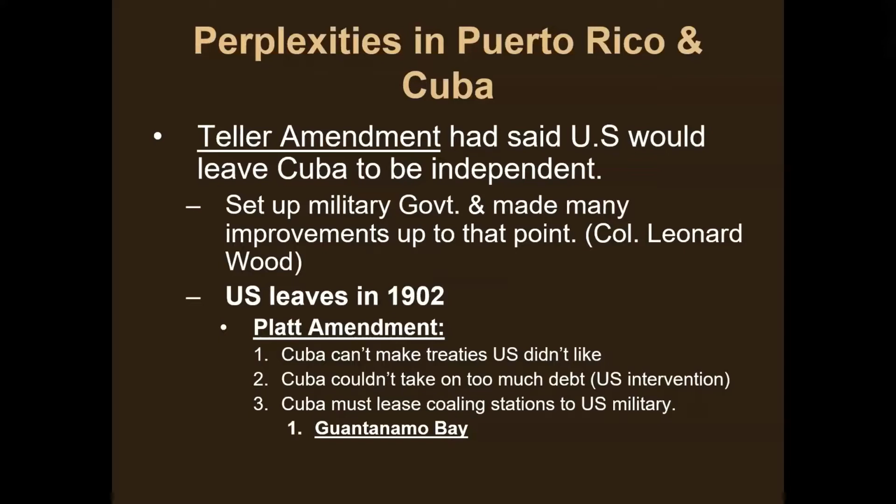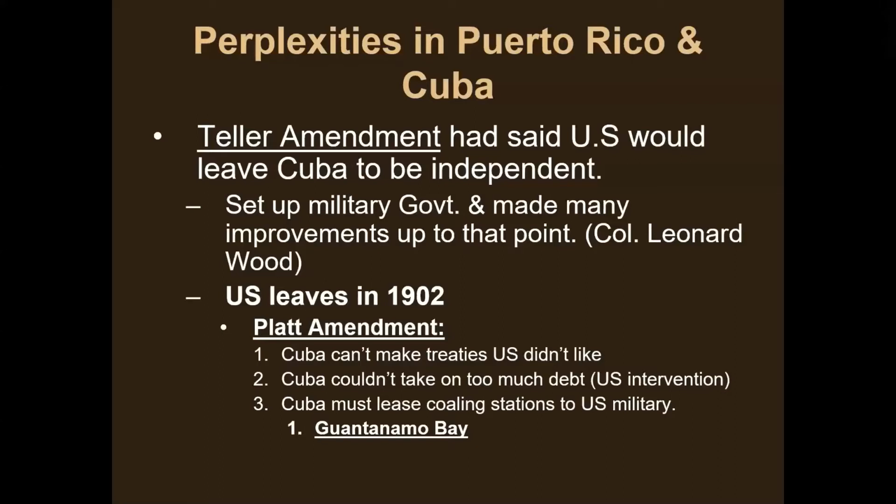We do leave Cuba, but when we leave, we include a little piece within their constitution known as the Platt Amendment, which essentially gives the United States control over portions of Cuba and really kind of acts as a parent to Cuba. And so what the Platt Amendment said is that Cuba couldn't make treaties that the United States did not like.